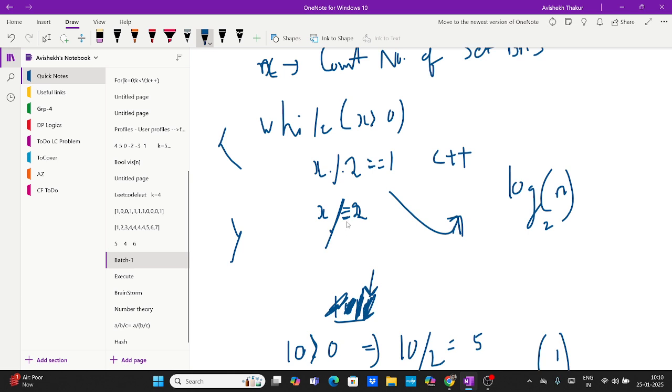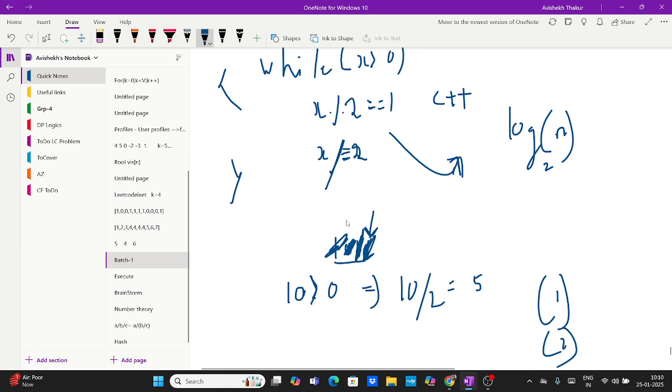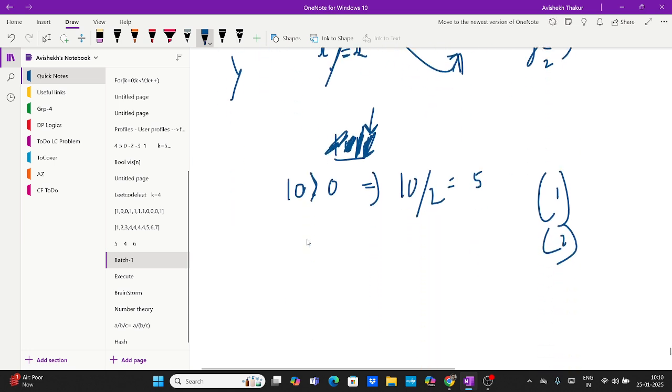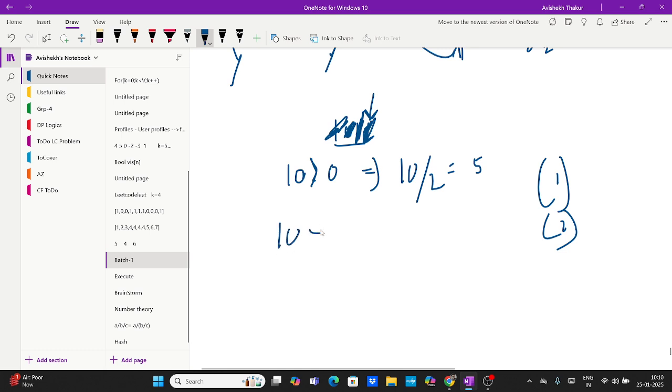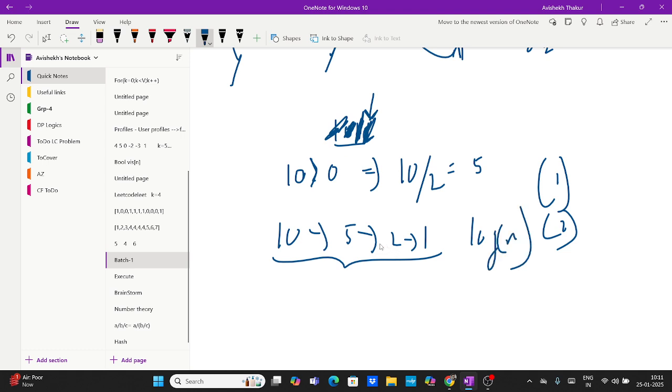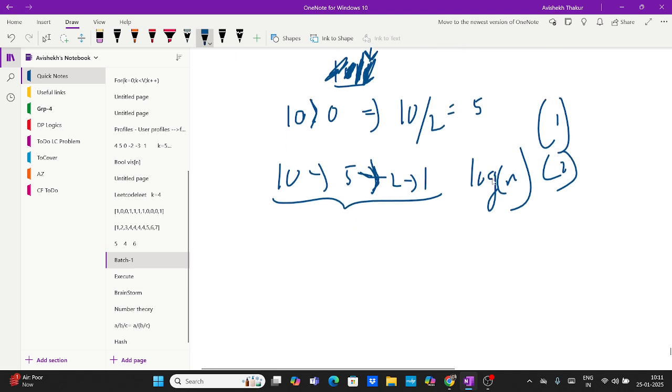So every time, this number 10 became 5, 5 became 2, 2 became 1. So it's almost a log n operation, dividing by half each time. Got it? Sahas, Manan, you got the point, right?